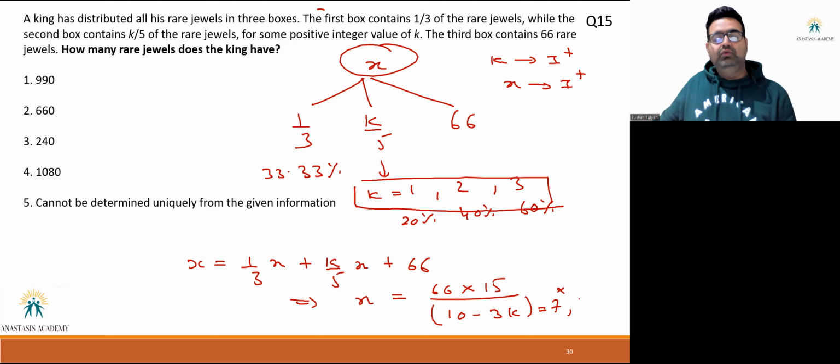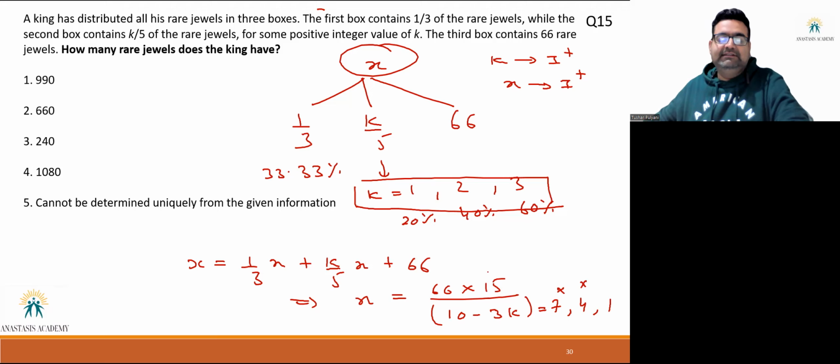And now k equal to 2, 10 minus 6 will be 4, which again is not there. Now, there is a possibility of mistake: 66 does have a 2, but there is no second 2 there. So finally, if I put k equal to 3, this will become 1. Right? 10 minus 9 will become 1.